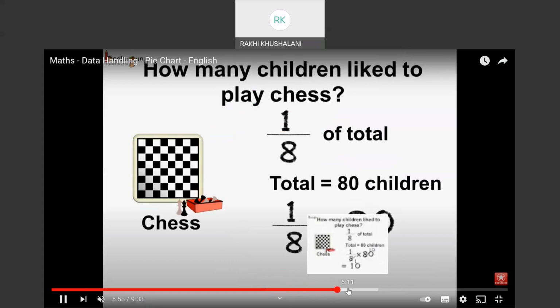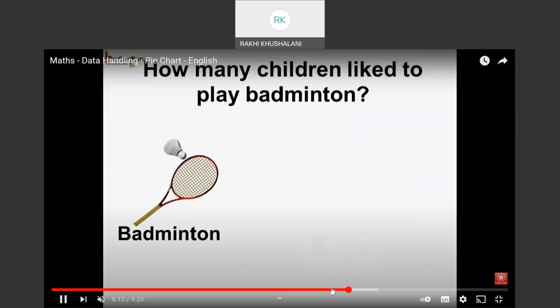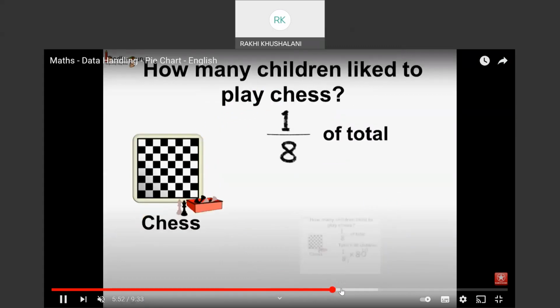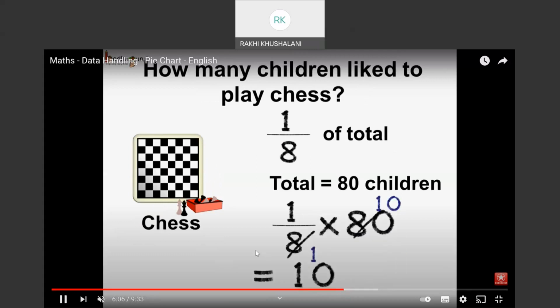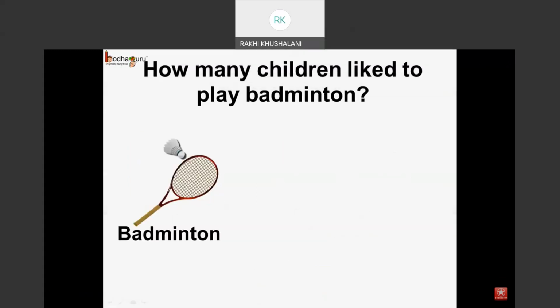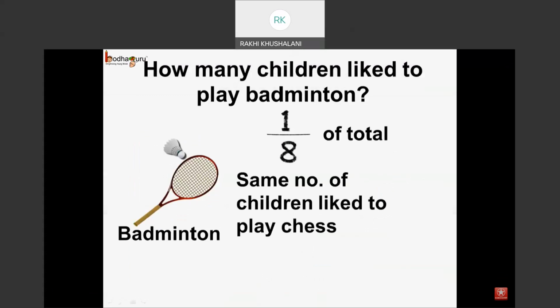And 1/8 of 80 is 10. 8 into 1 is 8, and 8 into 10 is 80. So 10 students each in badminton and chess are there. So 40 plus 10 plus 10, 60 students गए.